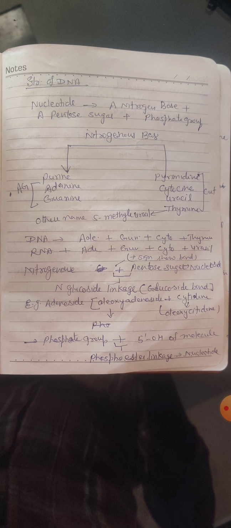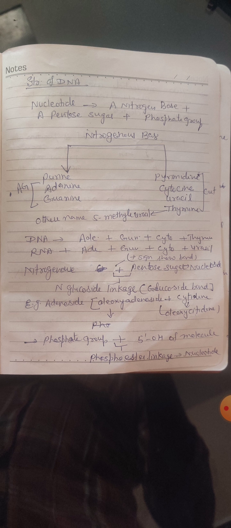Next we go on to the nitrogen bases. Nitrogen bases are of 2 types, that is purine and pyrimidine. In purines, adenine and guanine are found. In pyrimidines, cytosine, uracil and thymine.